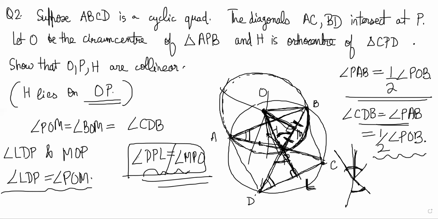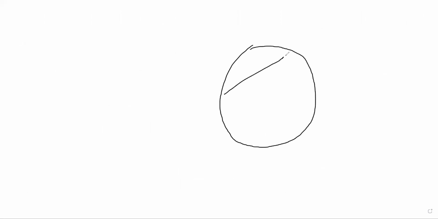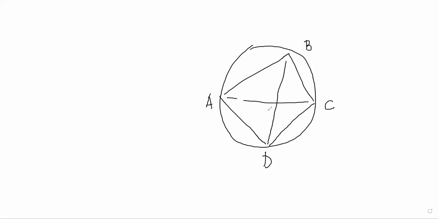So the idea of this question was to draw the figure carefully. If you draw the figure properly, then you will realize that you have one cyclic quadrilateral here, and the point of intersection of the diagonals is somewhere here, let's say P, and then ABP is the circumcircle.